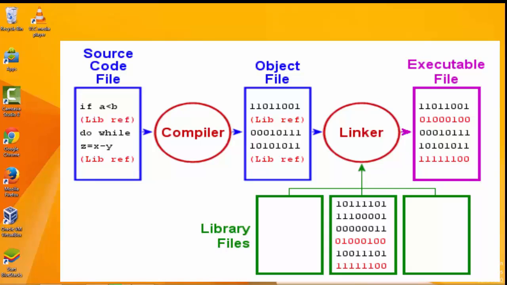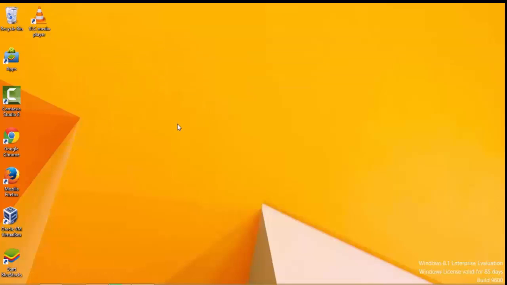C is just an interface which makes programming easier to understand, but your computer understands only zeros and ones. So the compiler converts your C program into machine language so that it can execute your program.